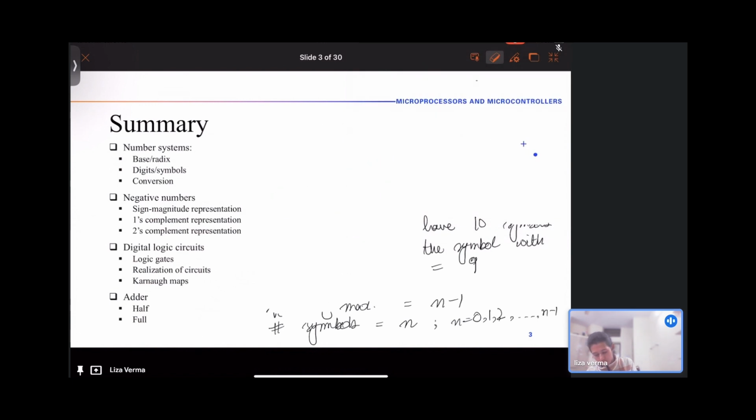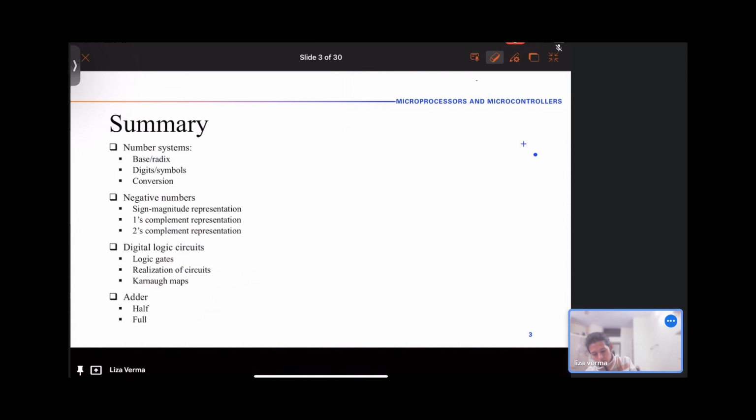Now next thing is conversion. How do you convert a number representation from one number system to another number system? Let's take the same example.